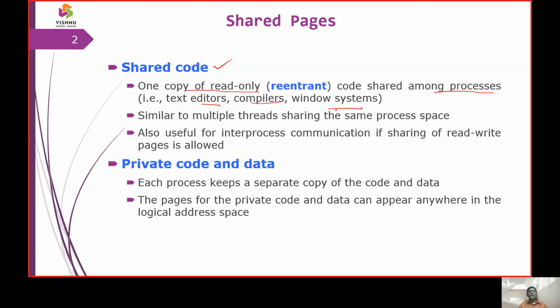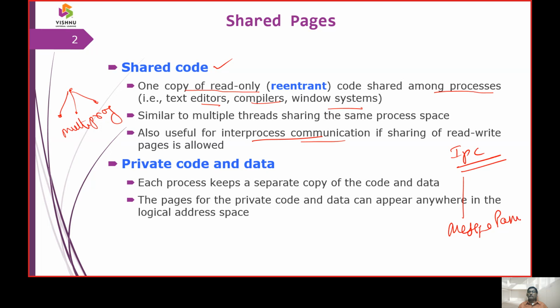It need not be a single thread at a single point; it can be bifurcated with the concept of multi-programming, and it purely supports IPC, that is, inter-process communication. Inter-process communication can be done using message passing or the shared memory concept.